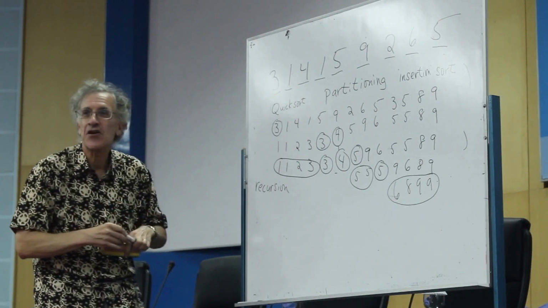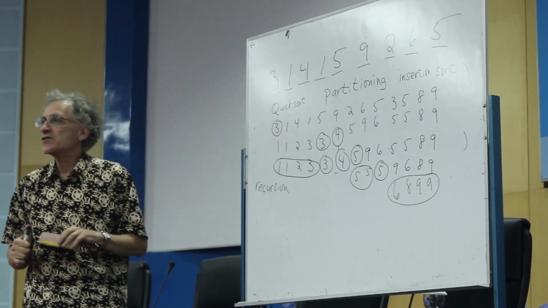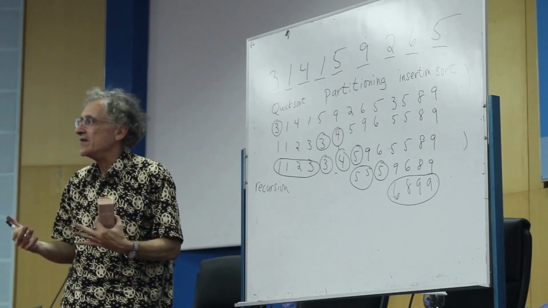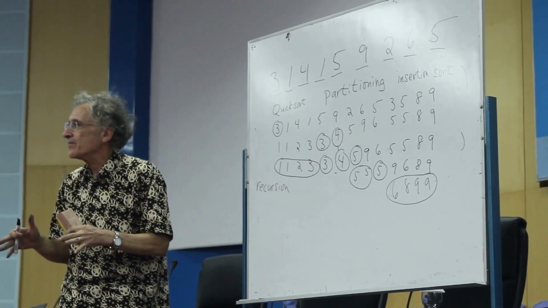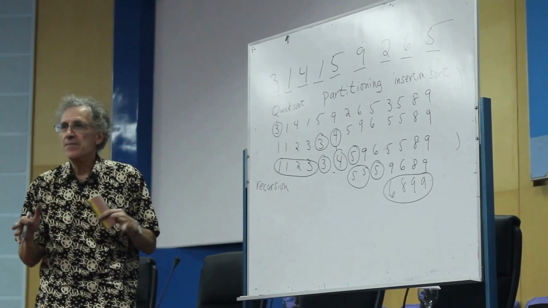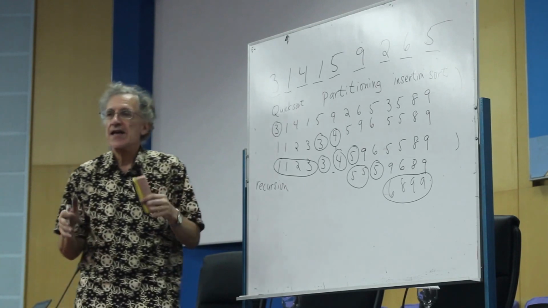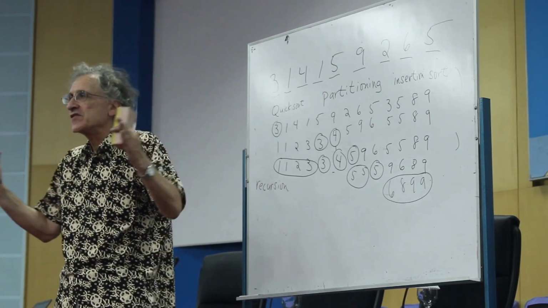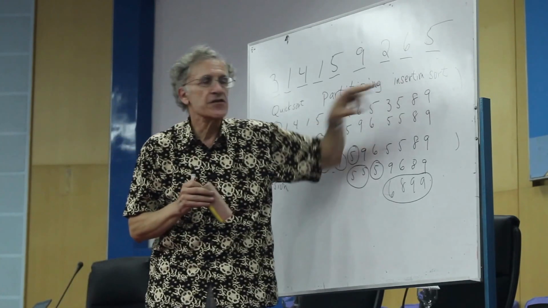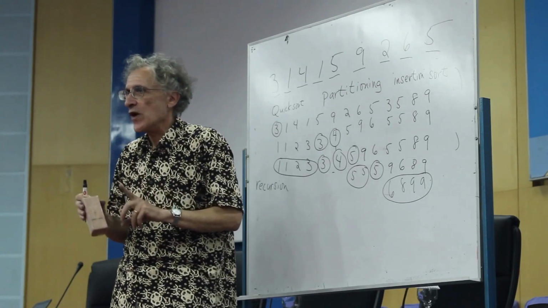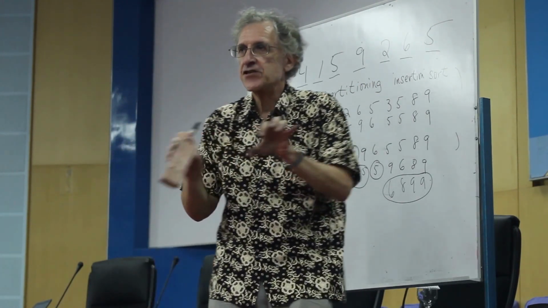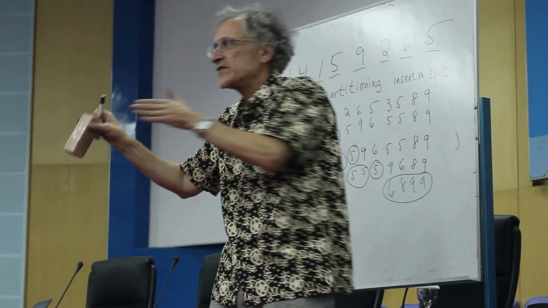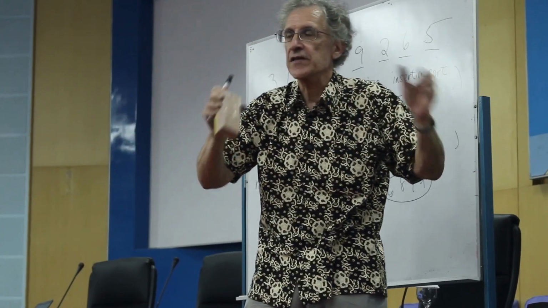Recursion is when you use the same method on a smaller problem. So again, the method of quicksort is, if the problem is small, use insertion sort. Otherwise, partition, and then quicksort here, quicksort here.